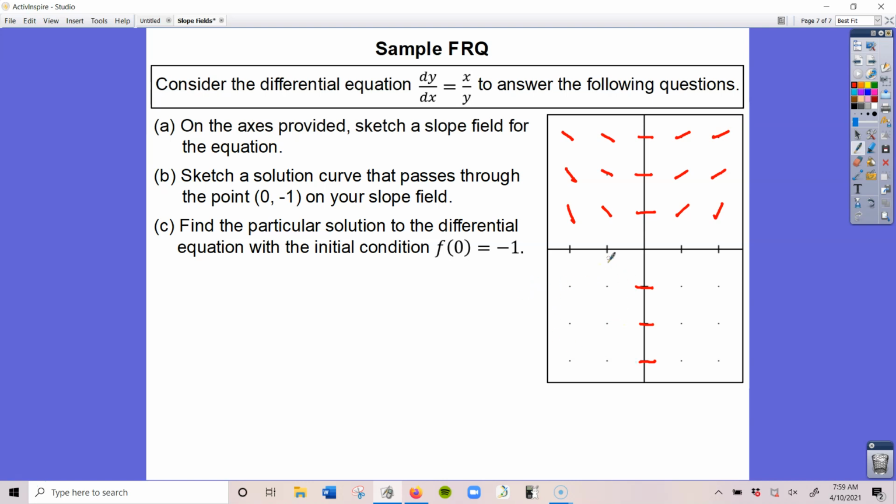Come down to the bottom here. If I plug in -1, -1, -1 divided by -1 would be 1. Again, it doesn't matter the order in which you start plugging in. Notice I'm just going around and making sure that all of these tick marks are taken care of.